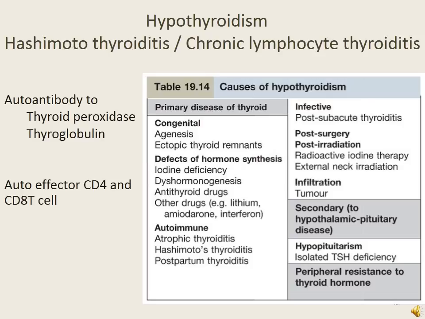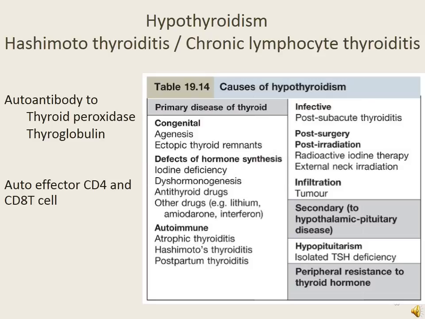Okay, it is the pathology of an autoimmunity with autoantibody to thyroid peroxidase as well as to thyroglobulin, and it is the autoactivity of the autoeffector CD4 plus and CD8 plus T cell.